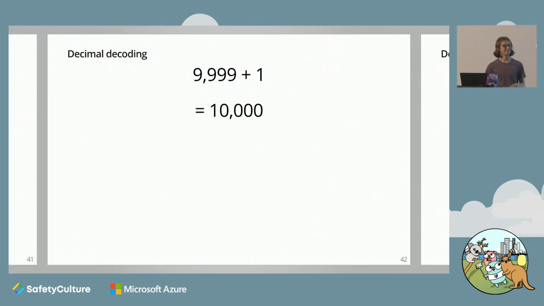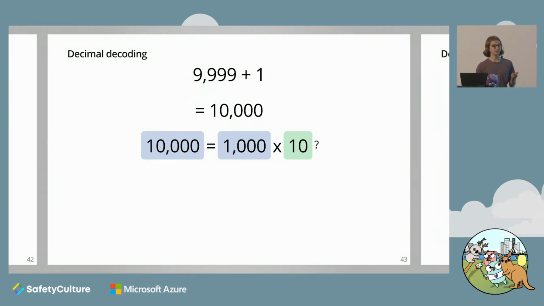Now 10,000 is a 5-digit number. If I pose the question, what do we do if we've only got 4 decimal digits to store this 5-digit number? What we need to do is shorten it down by using scientific notation, essentially.